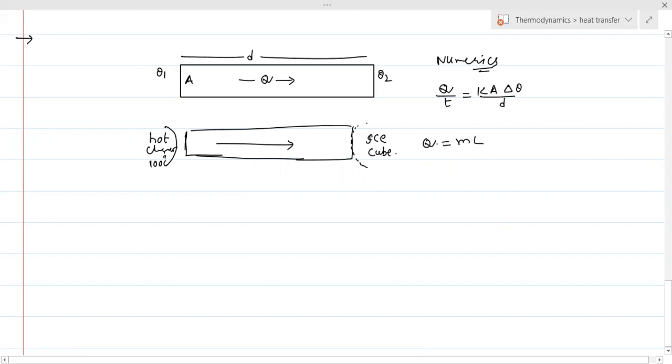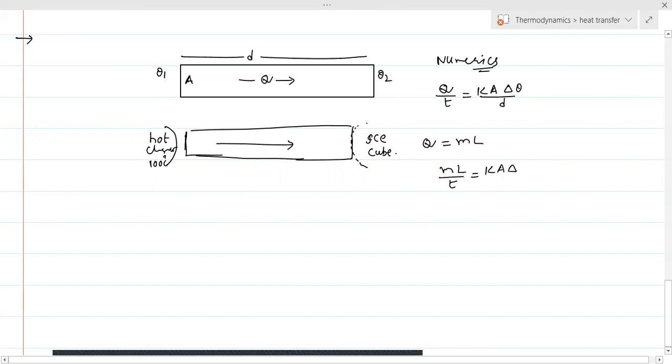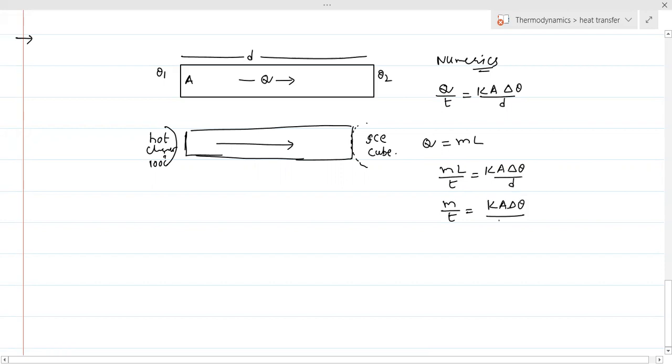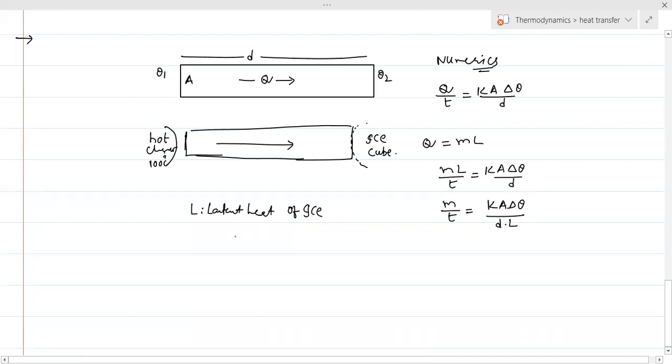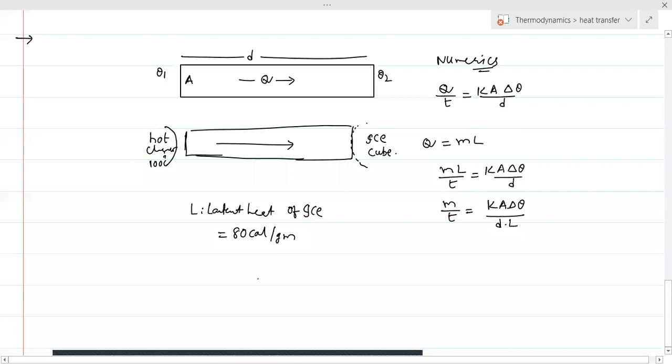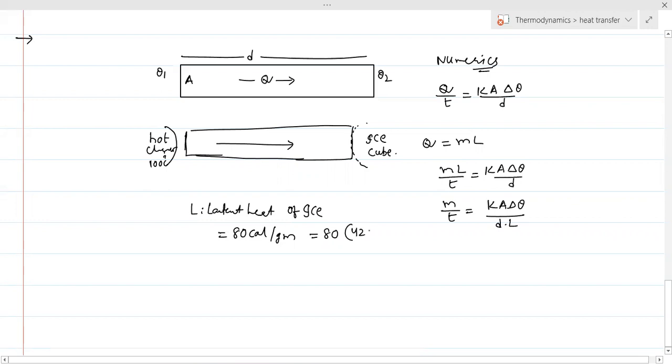So we write mL by T equals K A delta theta by D, or m by T equals K A delta theta by D into capital L. Here L is the latent heat of fusion of ice, which is 80 calorie per gram in CGS, or 4200 joule per kilogram in SI, approximately.